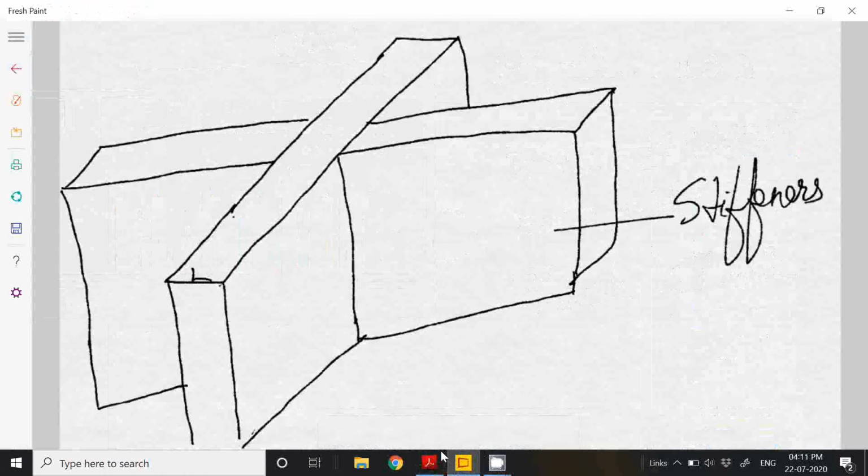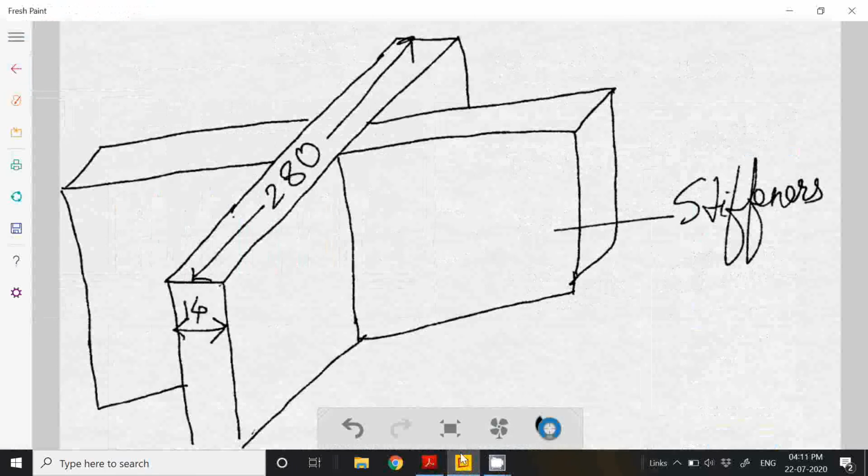Now this becomes 280, 20 times the thickness of the web. So the thickness is 14, and these are 168, and this is 12.